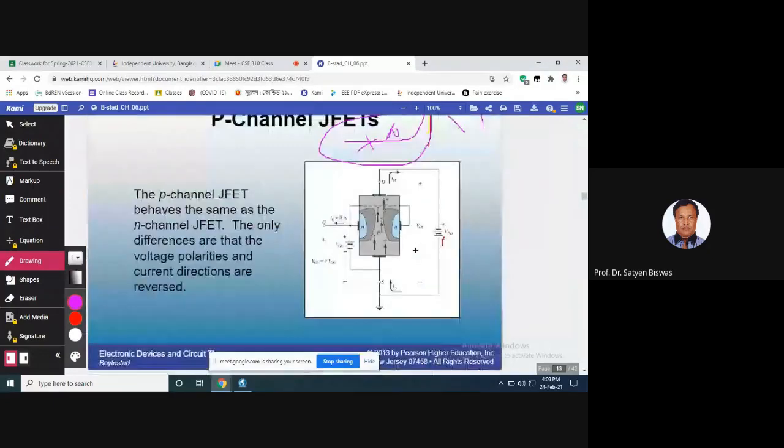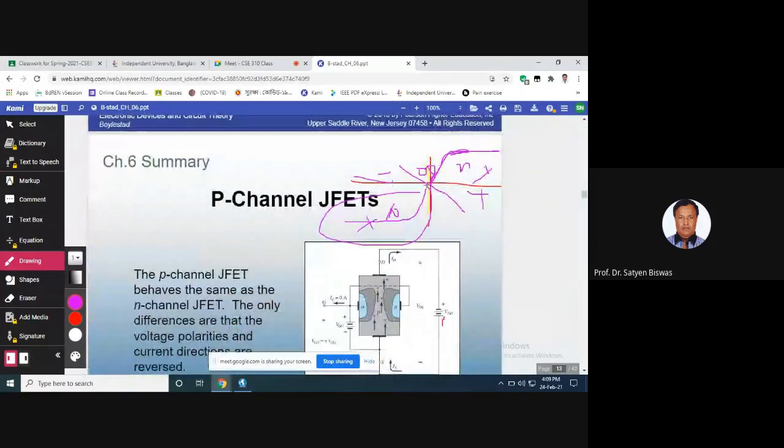Both have the saturation current in here. You see, this will be the saturation current, and this will be the pinch-off voltage, right? Just like this one, and this one in here is the saturation current.